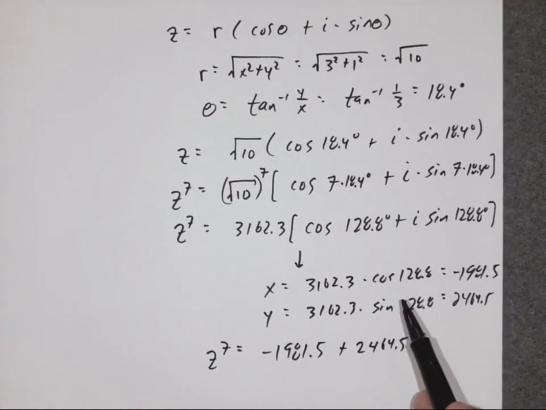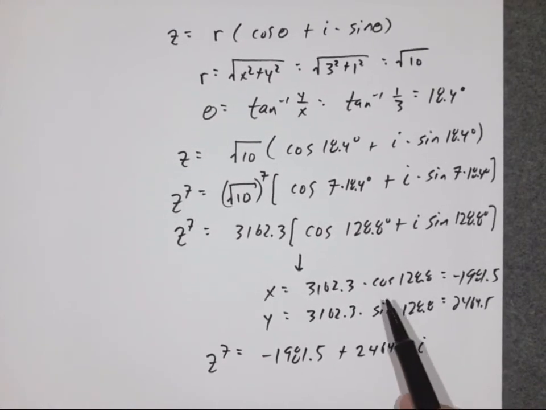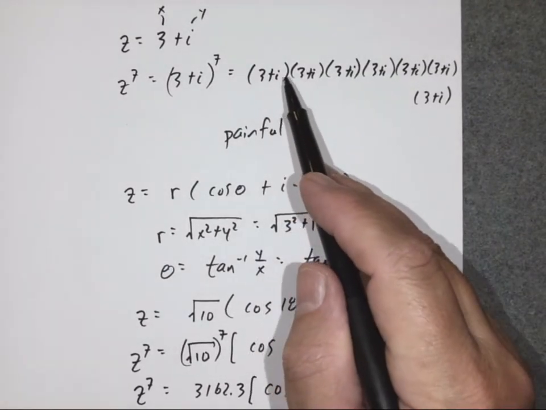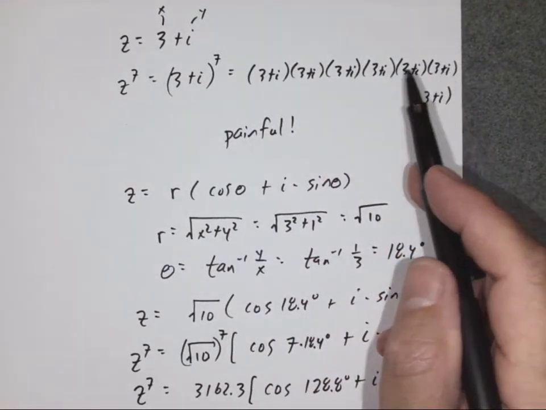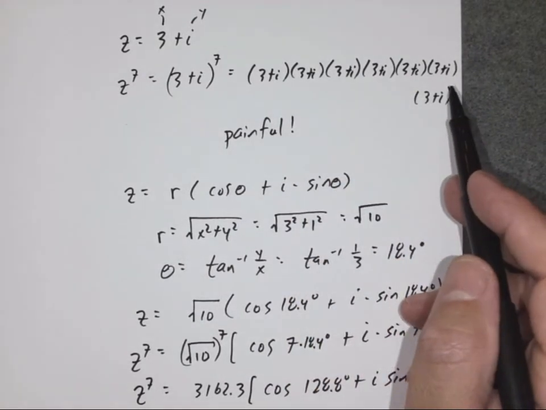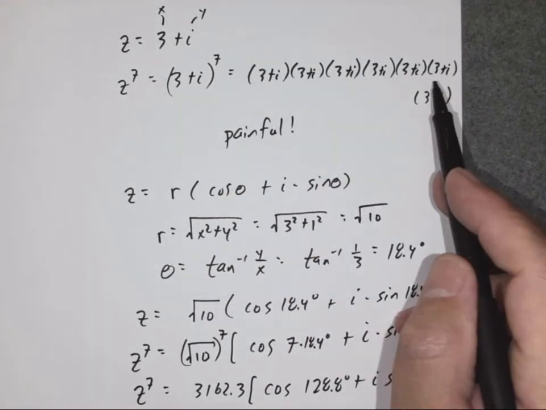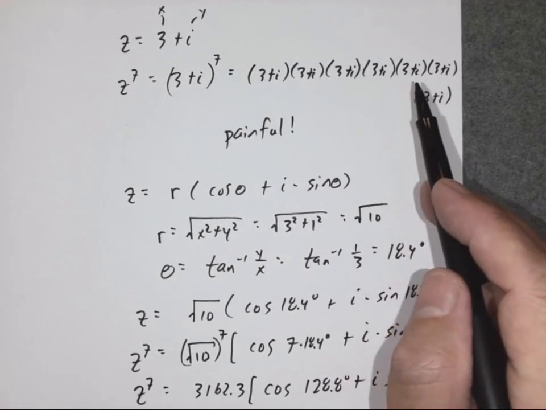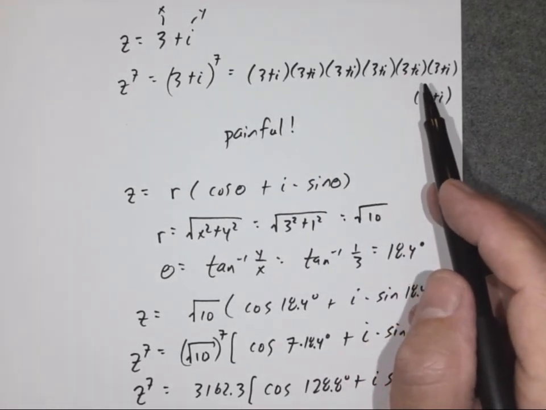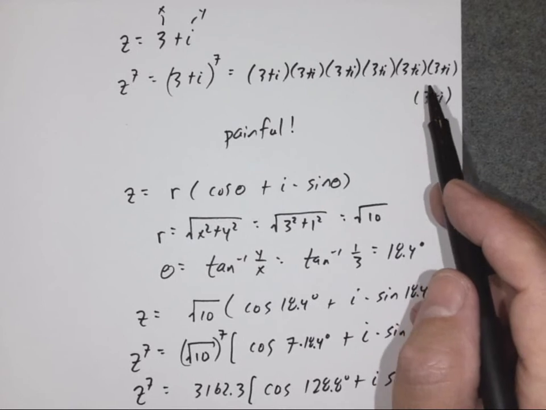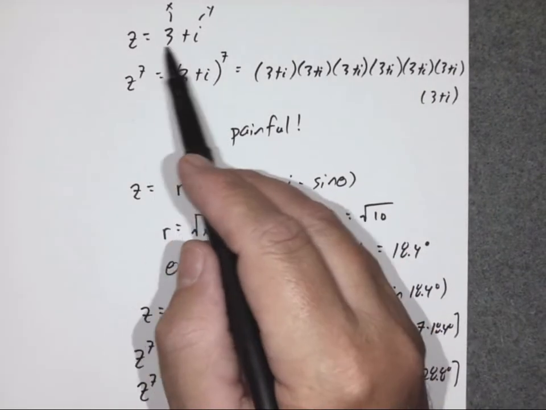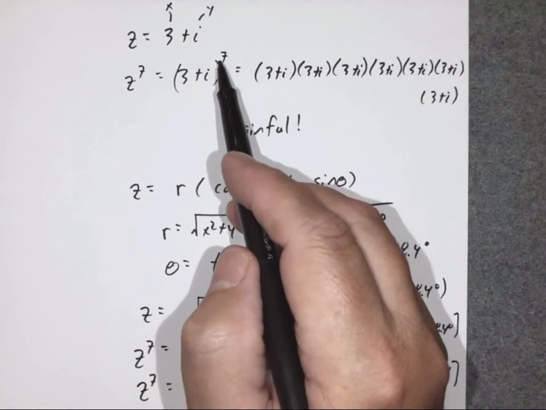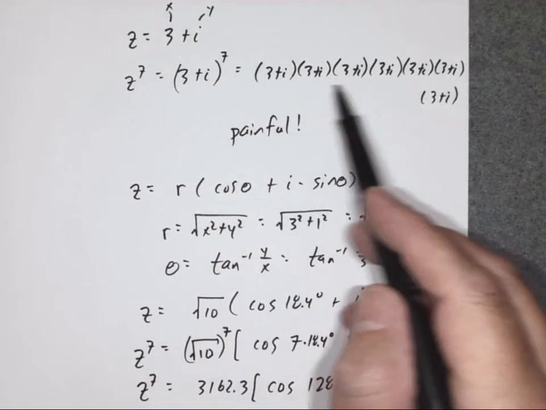Now this may have seemed like a fair amount of math, but trust me, if you tried to do this the other way, you would still be working probably for another 15 minutes, and you would probably be making all kinds of math errors. So once again, what are we doing here? We're taking a complex number and trying to raise it to an exponent. This is painful.